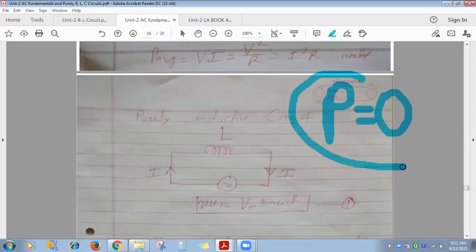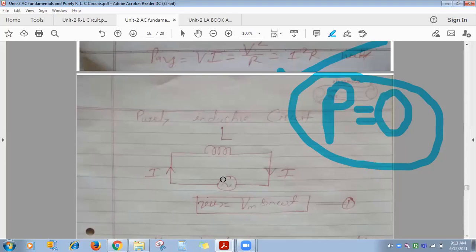Capital P is equal to VI cos phi, which is called true power, active power, real power, power dissipated, power consumed, all five being capital P. For a purely inductive or purely capacitive circuit, capital P is 0 because phi is 90 degrees, so VI cos phi is 0.